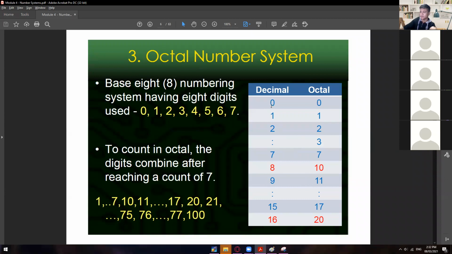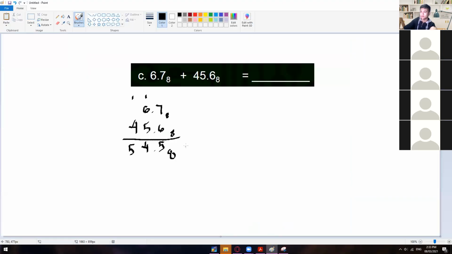So we have 0 to 7 the same, but 8 to 15 is plus 2. And then 16 to 23 is plus 4. Right? So the answer for letter C is 54.5 base 8. Okay? So were you guys able to get this one?